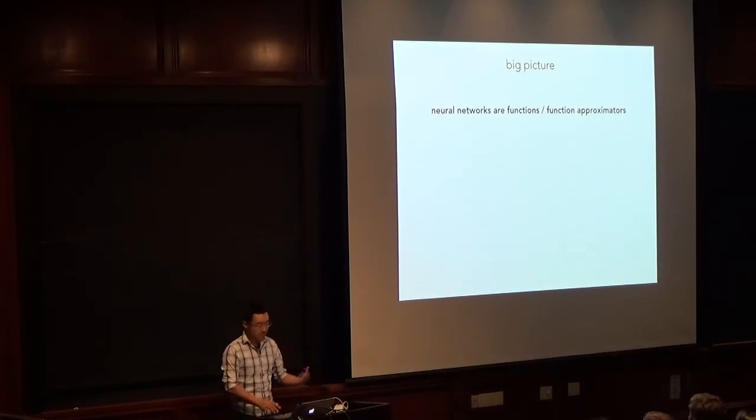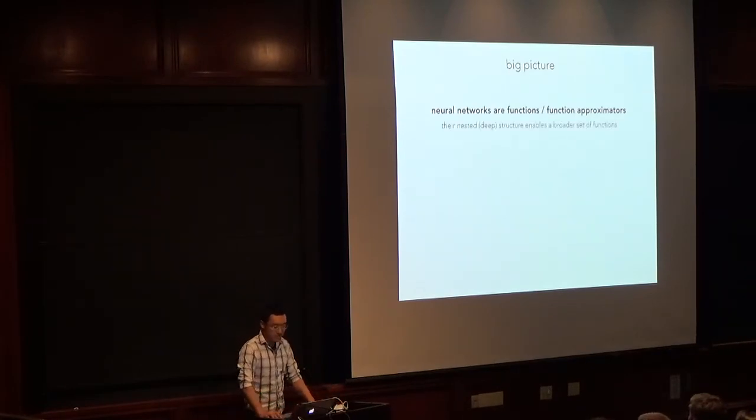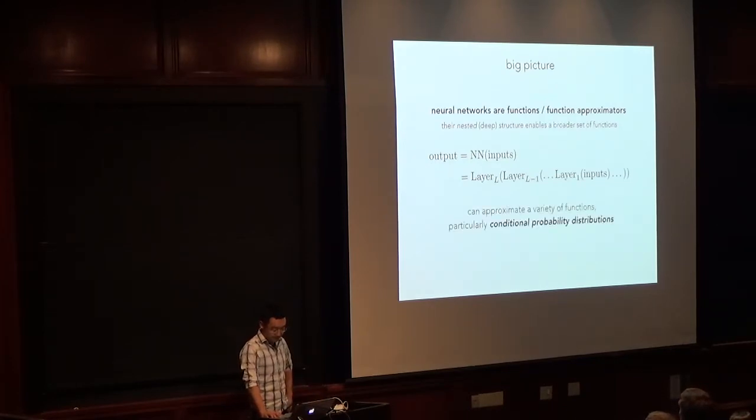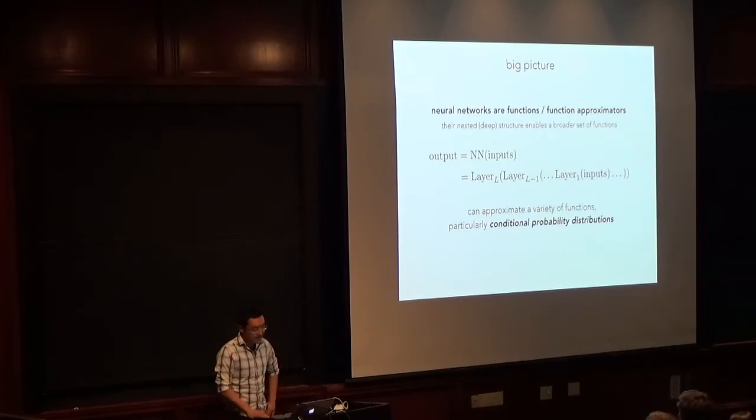Okay, big picture. Neural nets are function approximators. They have this nested structure that keeps composing and composing that allows them to capture a broad set of functions, and can approximate a variety of functions, in particular, conditional probability distributions.